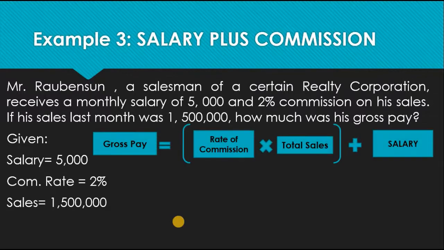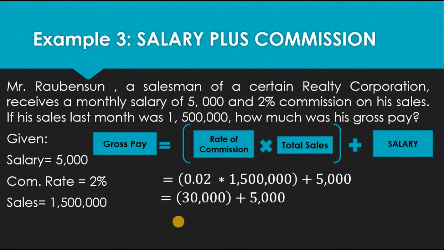Let's go back to our formula. That is our formula, right? So, after the given, you substitute in the formula. The rate of commission is 0.02. The sales of Mr. Robinson is 1,500,000, added to the fixed amount of salary, which is 5,000.